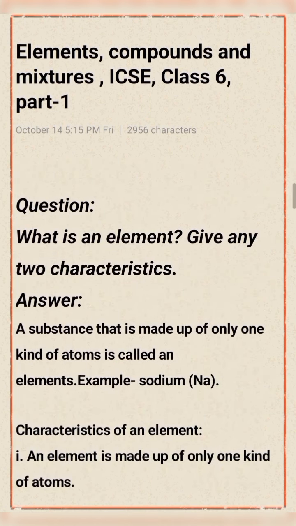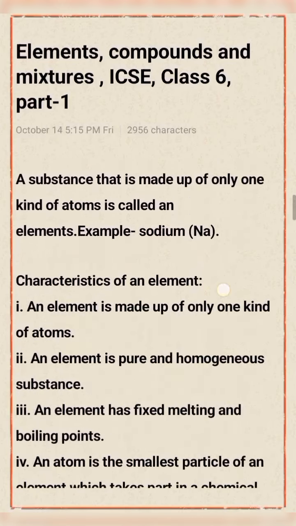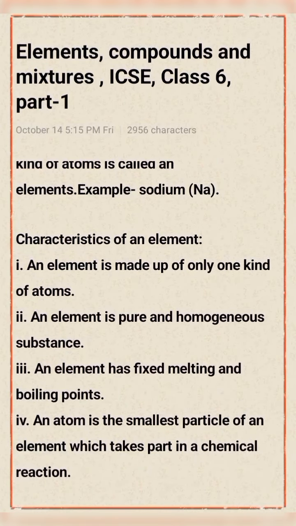Okay, next question. What is an element? Give any two characteristics. A substance that is made up of only one kind of atom is called an element. Example: sodium, symbol Na. Characteristics of an element. Point number 1: an element is made up of only one kind of atom.